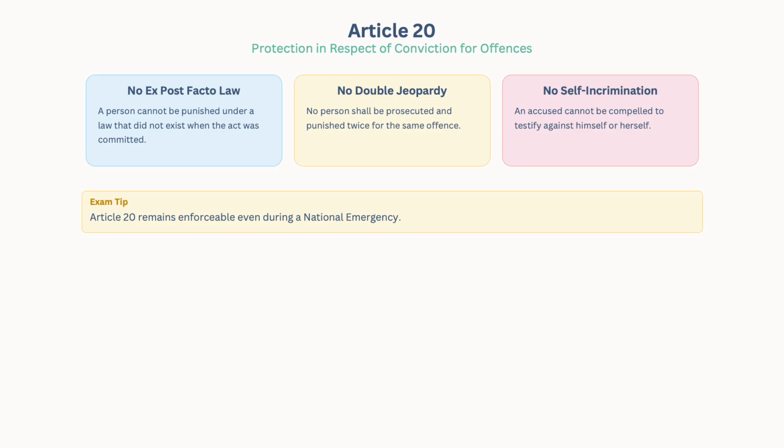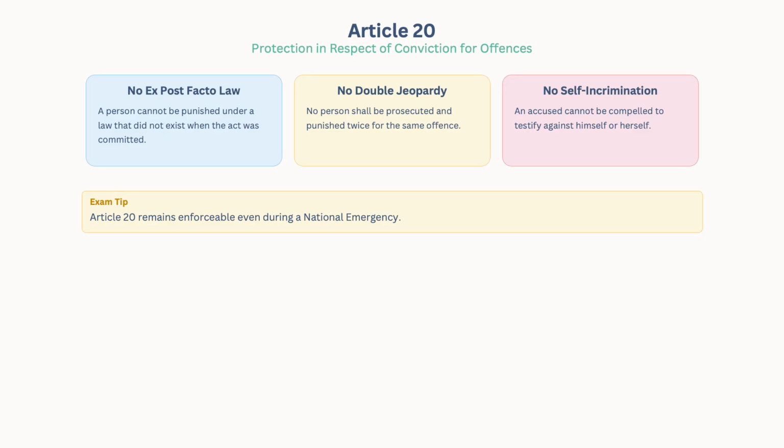Now, Article 20, protection in respect of conviction for offenses. So, if you are convicted of a crime, 3 rights are provided to you by Article 20. First, no ex post facto law, which means a person cannot be punished under a law that did not exist when the act was committed.